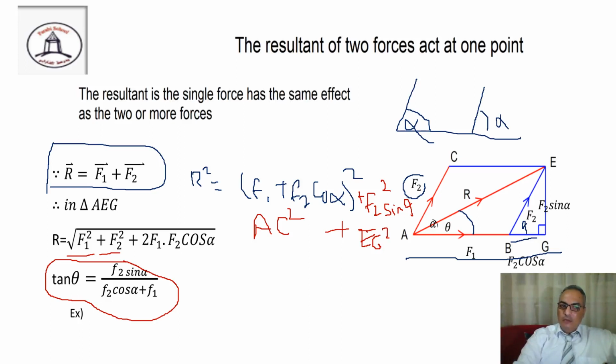Tan theta equals F2 sine alpha over F2 cosine alpha plus F1. Tan is opposite over adjacent. So tan theta in triangle AGE equals opposite, F2 sine alpha, over AG, which is F1 plus F2 cosine alpha.